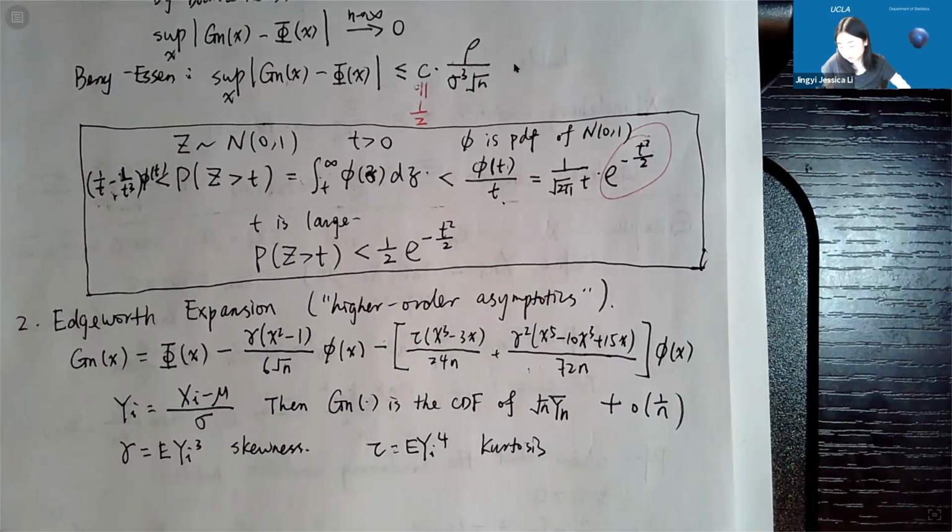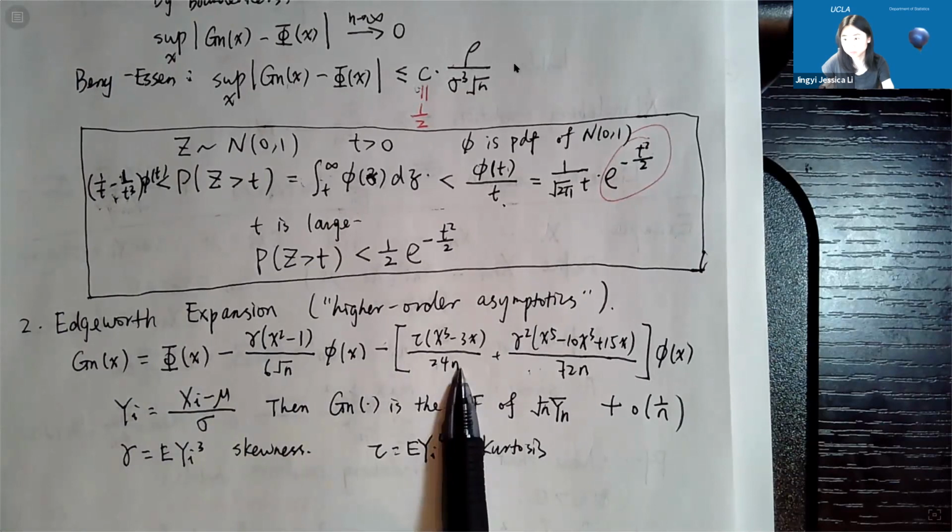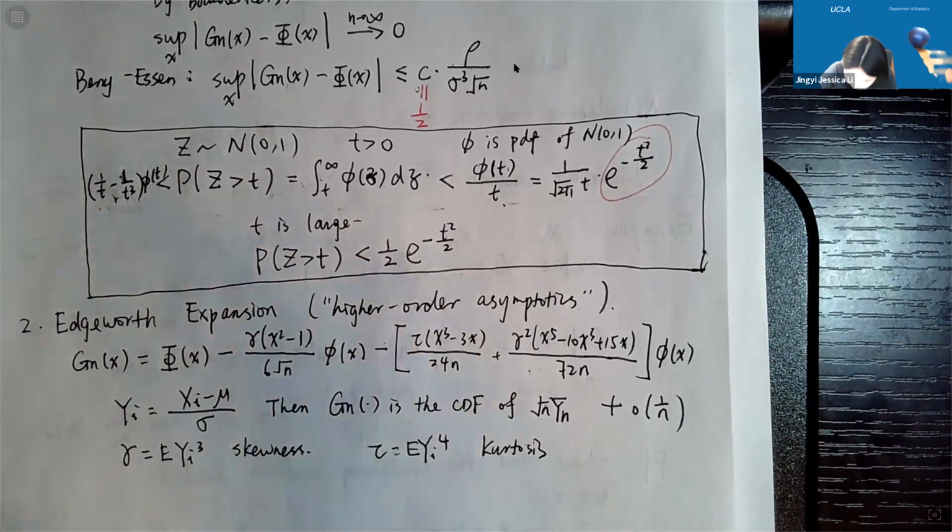So basically, the Edgeworth expansion tells us if the original distribution is simpler, that means if its skewness is 0, then it's symmetric, right? If it's symmetric, then this term goes away. We directly go to the 1 over n term. So it's a better approximation.